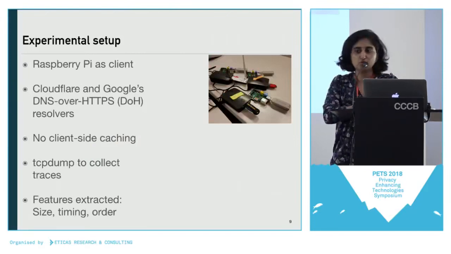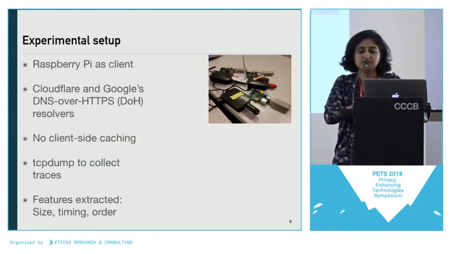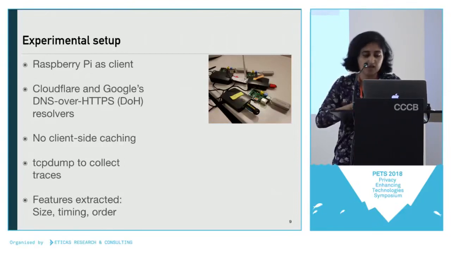In order to do our analysis, we took a bunch of Raspberry Pis and set them up as clients that can contact resolvers which implement DNS over HTTPS, and these are Google and Cloudflare's resolvers. We considered a relatively simple scenario where there is no client-side caching of DNS responses as a starting experiment. We ran tcpdump on the clients to collect traces.